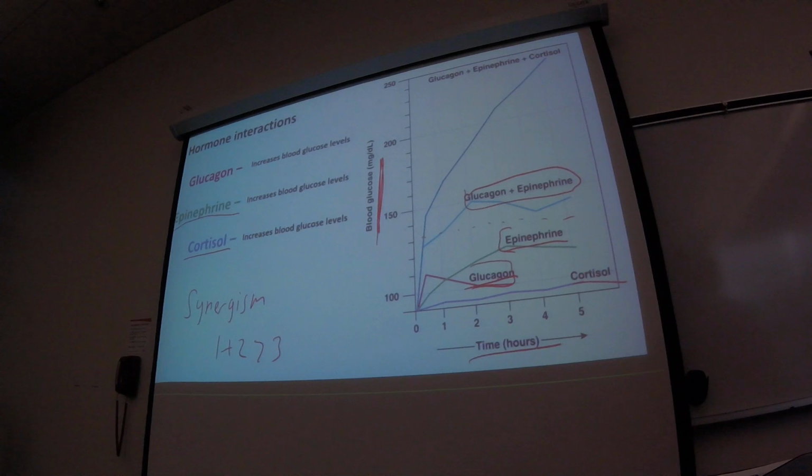This has a somewhat multiplicative effect. And notice if you add all 3 hormones together, mathematically you get somewhere around here. But we see you can get much, much higher if you had all 3 in play.